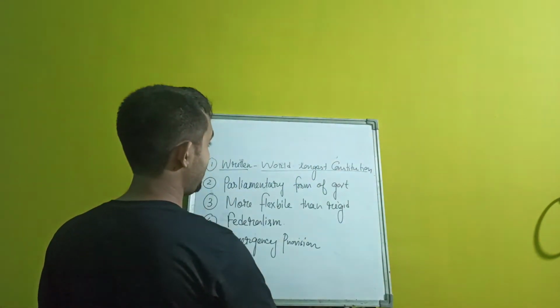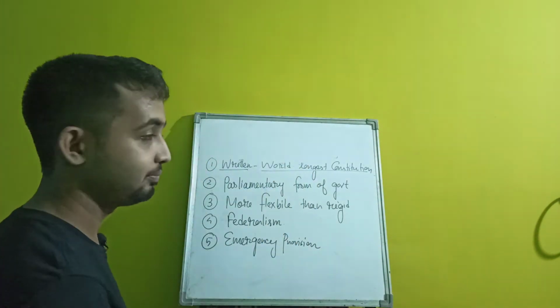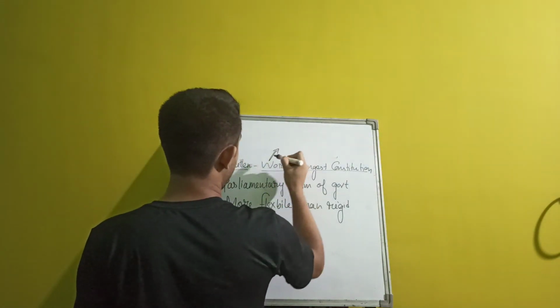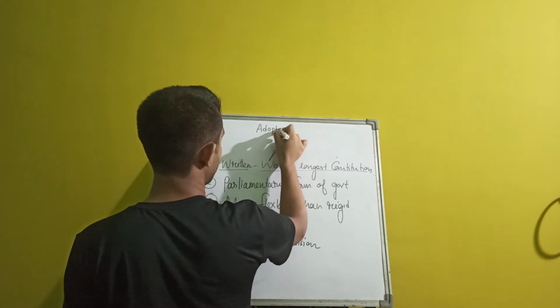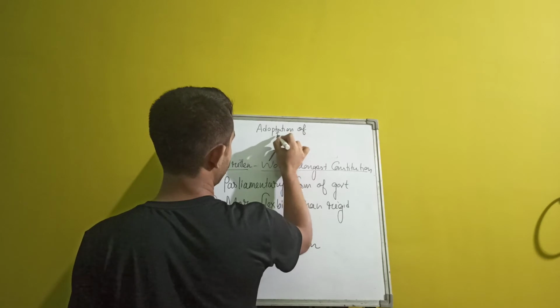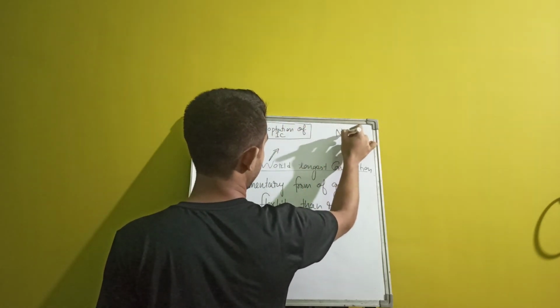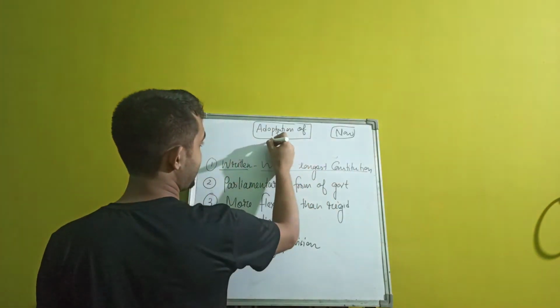When we say Indian Constitution is a longest constitution, that means during adoption of Indian Constitution, or now if we compare, during adoption of Indian Constitution, how many articles are there?